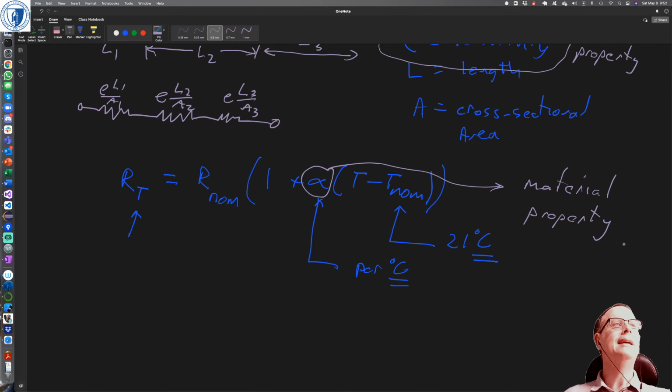So if you heat up some material, it gets more conductive, it gets less resistive. Some material, if you heat it up, it gets more resistive. So alpha is positive. Depends on exactly which material, whether alpha is positive or negative, and how big a change it makes.